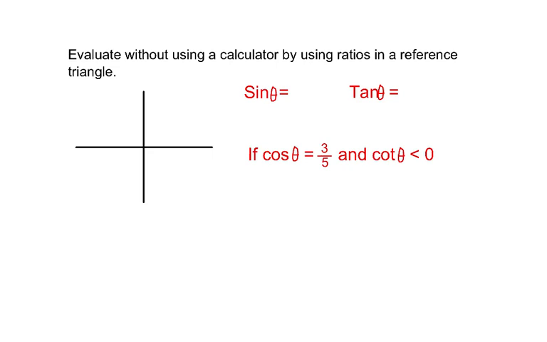All right. So next one here, we're going to evaluate without using a calculator, again, by using ratios in a reference triangle. So notice that they're giving us that cosine of this triangle, whatever it happens to be, is 3/5, meaning that because of SOHCAHTOA, we have an adjacent side that's 3 and a hypotenuse that's 5. They're also telling you that cotangent, meaning 1 over tangent, or the flip of tangent, is going to be negative.